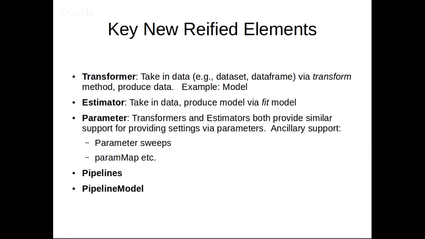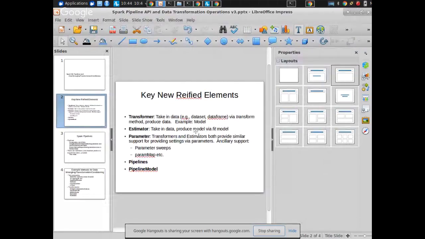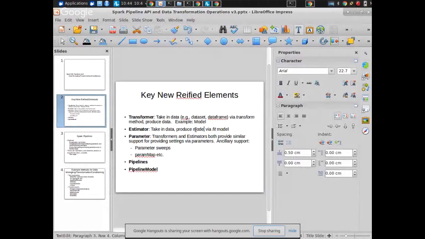We need to take some data in order to create a logistic regression that's fully estimated. And then having that model in hand, we can use it as a transformer. So really, this is producing a model, that is true, but it's really a transformer.